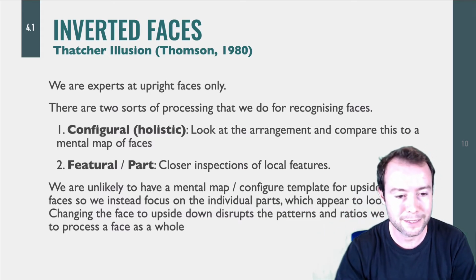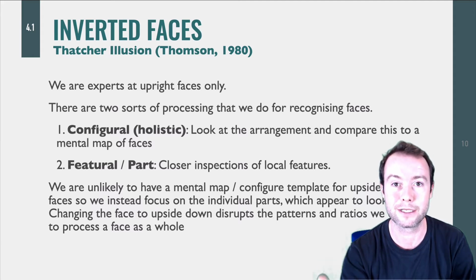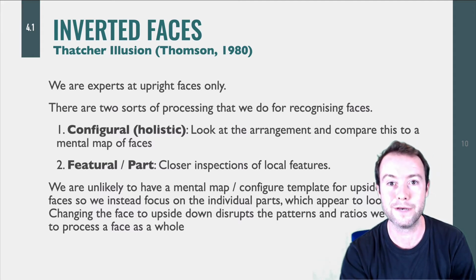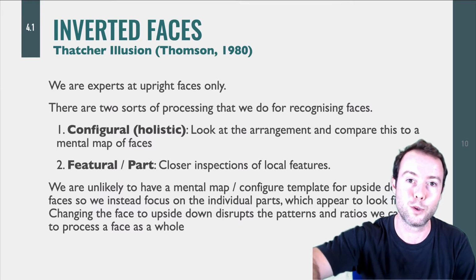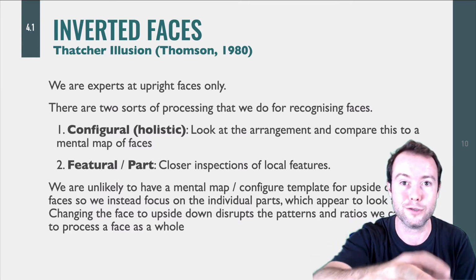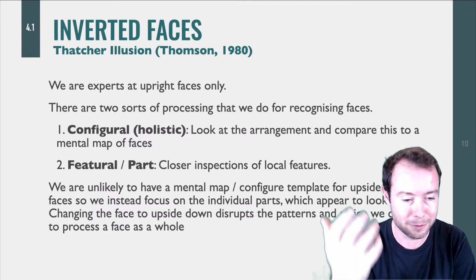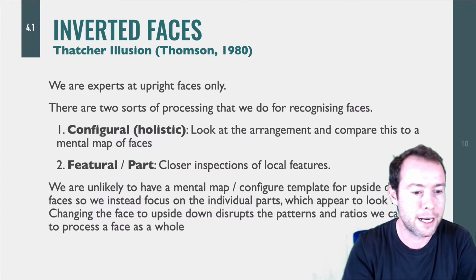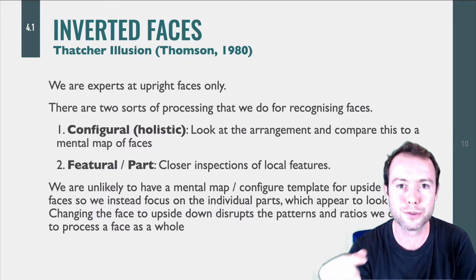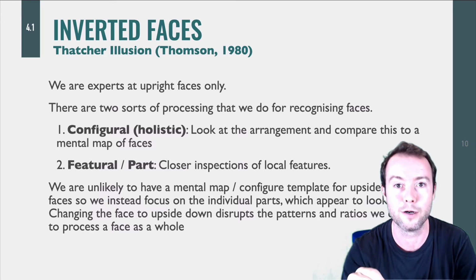So it's very difficult for us to then recognize or identify faces that are the wrong way round. What we typically do is then kind of mentally rotate that image in order to be able to recognize who the person is.